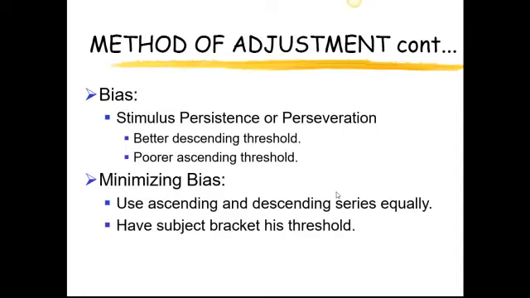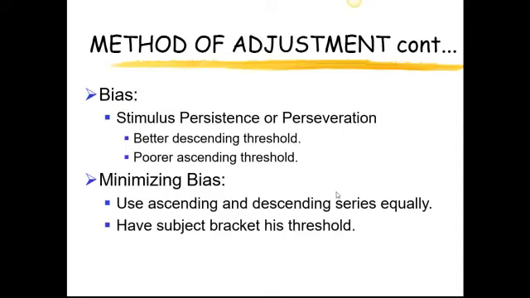So the biases here are persistence or preservation. And with that, you're going to have a better descending threshold and a poorer ascending threshold. And to minimize bias, you're going to use ascending and descending series equally again.